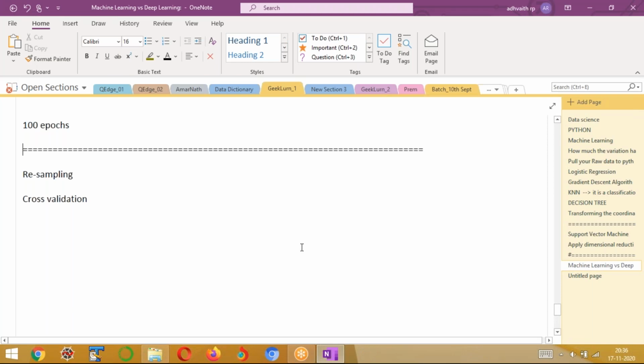So we have learned in yesterday's class how to implement this one, right? We have learned so far how to implement a simple neural network, right?